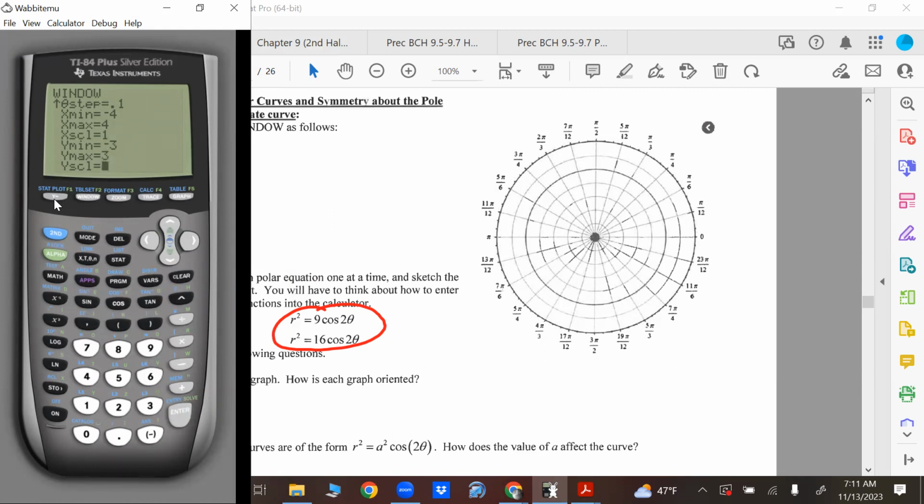And then we're going to graph r squared equals 9 cos 2 theta, but you're going to have to put it in as two different equations. So the root of 9 cos 2 theta, and that's negative counterpart, negative root 9 cos 2 theta.